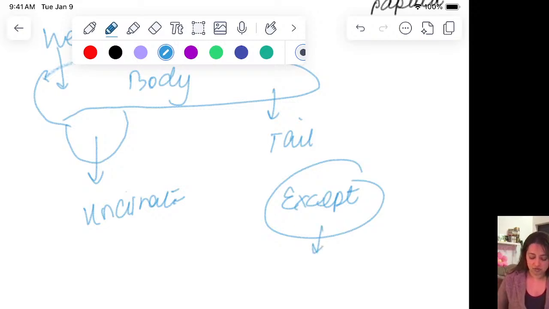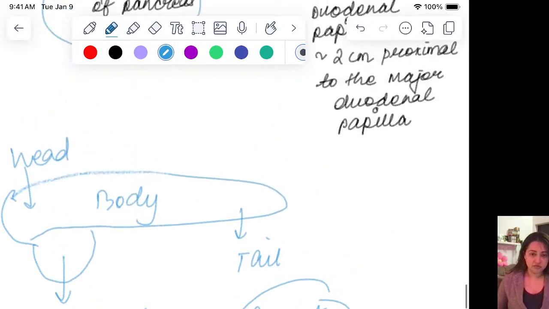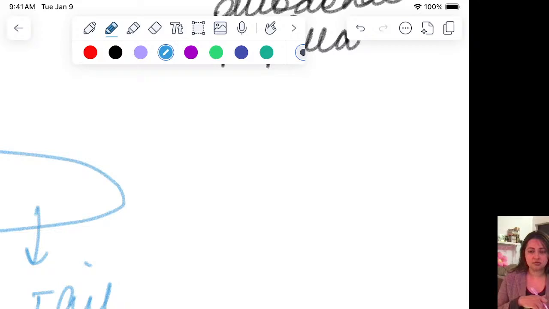Exactly, that's intraperitoneal. The tail is the intraperitoneal structure. Similarly, the other retroperitoneal structures are very, very important and they should be on your fingertips. Without even looking at the answers, you need to know the list of retroperitoneal structures.